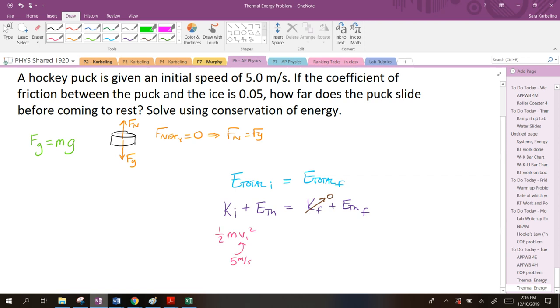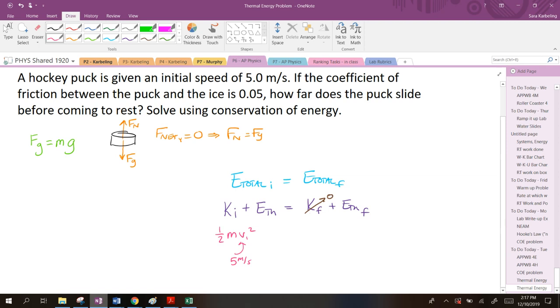I haven't heard anything from this group over here yet. Oh, you can plug in mu times normal force times D for the initial energy. Oh wait, say that one more time. You can plug in mu times normal times D. For what?